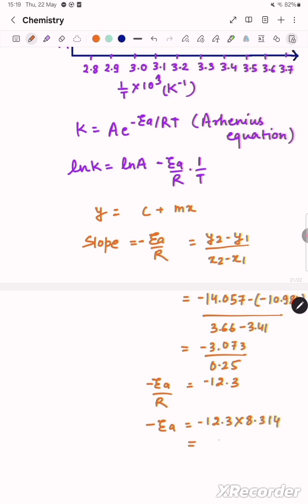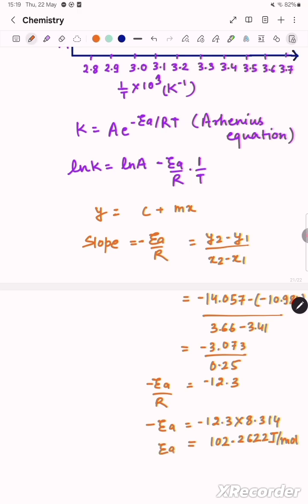After calculating it will become 102.2622 joule per mole. So this is the EA value.